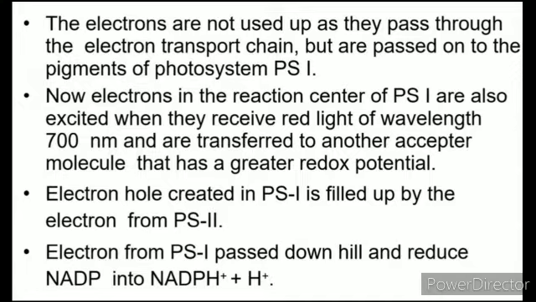The electron hole created in photosystem 1 is filled up by the electron from PS2. Electrons from PS1 pass downhill and reduce NADP into NADPH plus H plus.